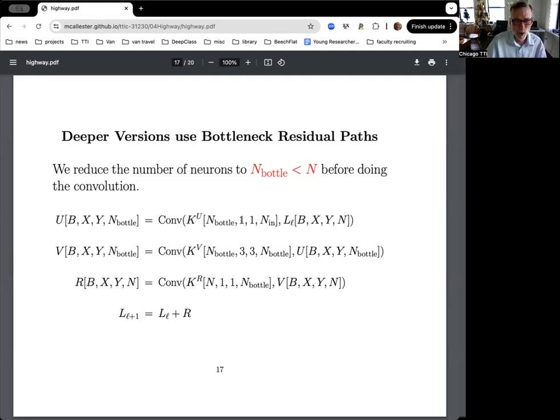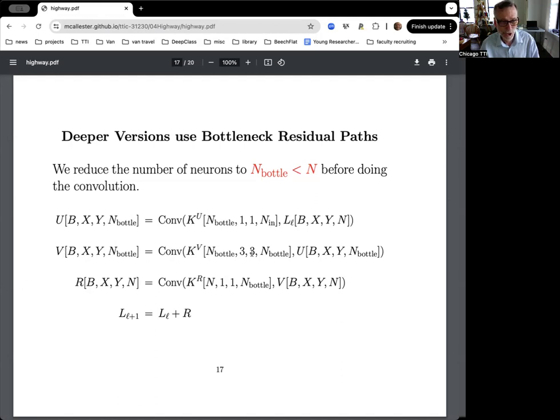And that's what that 1, 1 means. It means that the kernel is looking at each position independently. And what it's doing is taking the number of neurons in the input and reducing it to the number of neurons in what's called the bottleneck layer. So this reduces N to a smaller dimension.